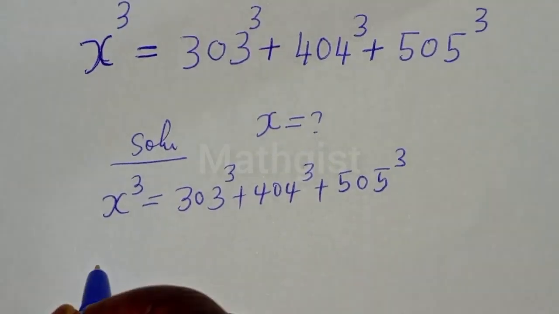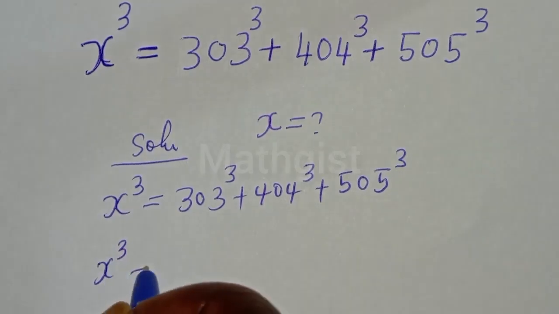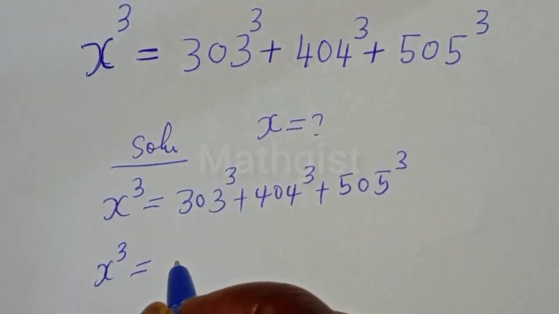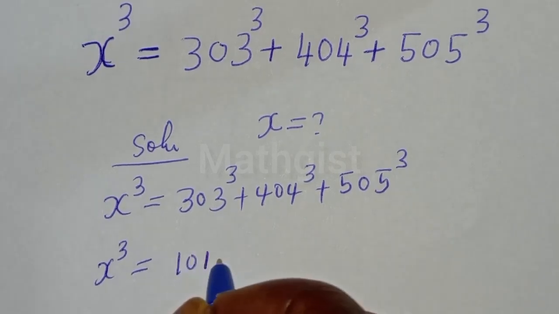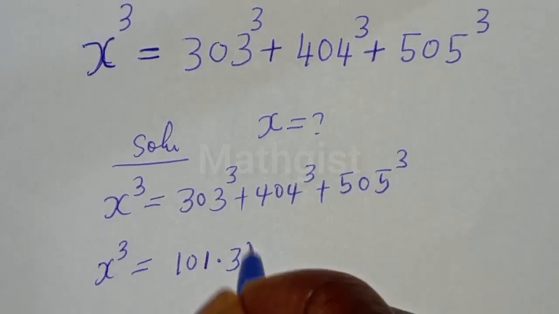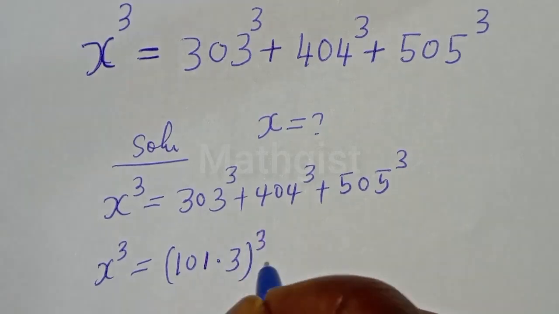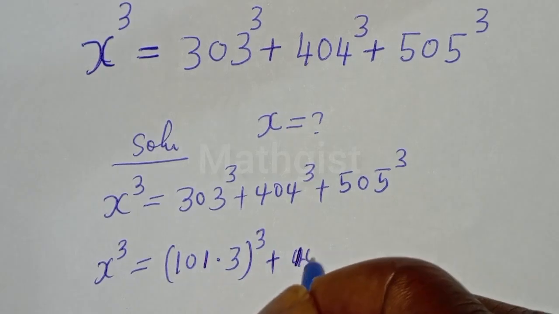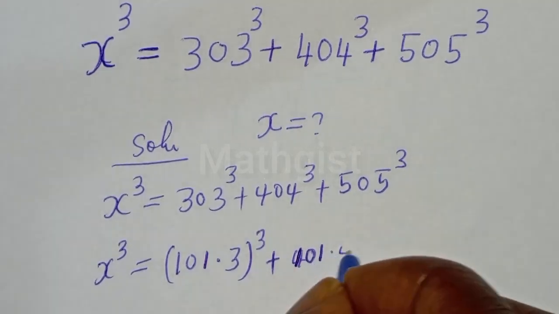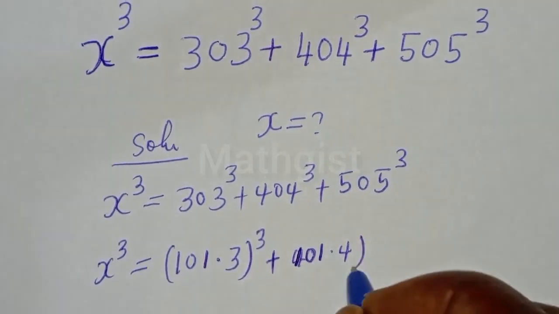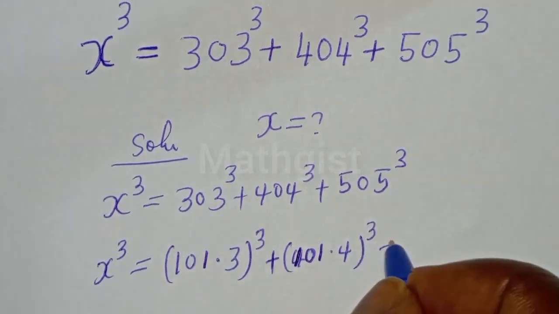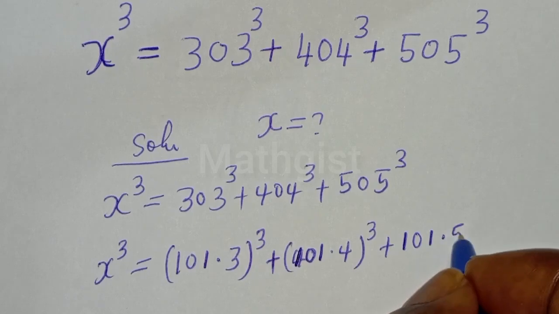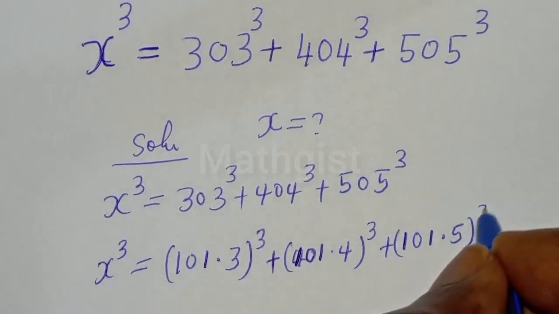Then s raised to power 3 is equal to 303 to the power of 3 can be written as 101 multiplied by 3 to the power of 3 plus 101 multiplied by 4 to the power of 3 plus 101 multiplied by 5 to the power of 3.